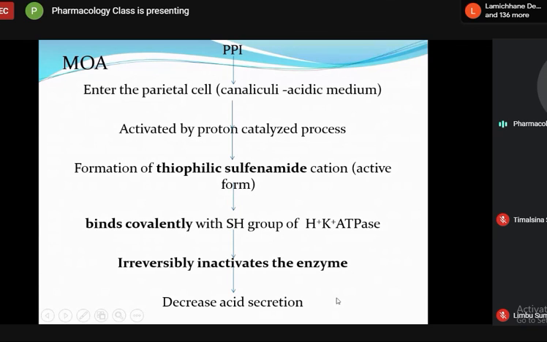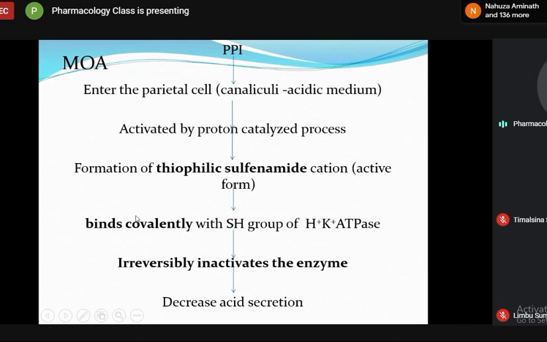So once again, once the proton pump inhibitor enters the circulation, it goes into the parietal cells, the canaliculi of the parietal cells, which is the acidic medium, and then the proton pump inhibitors form the active form, the thiophilic sulfonamide, by the process of protonation.